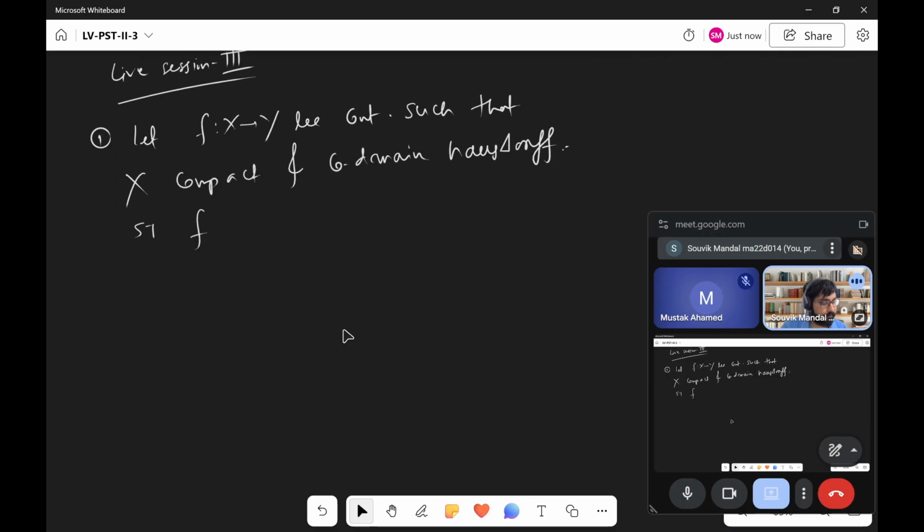Show that f is a closed map. That means you have to show that f maps a closed set to a closed set, right? This is the thing you need to show, correct?